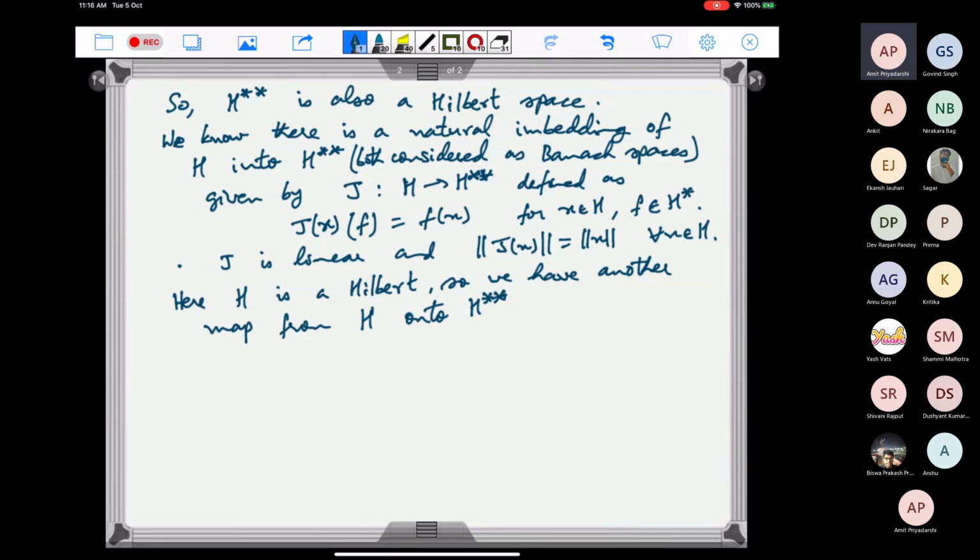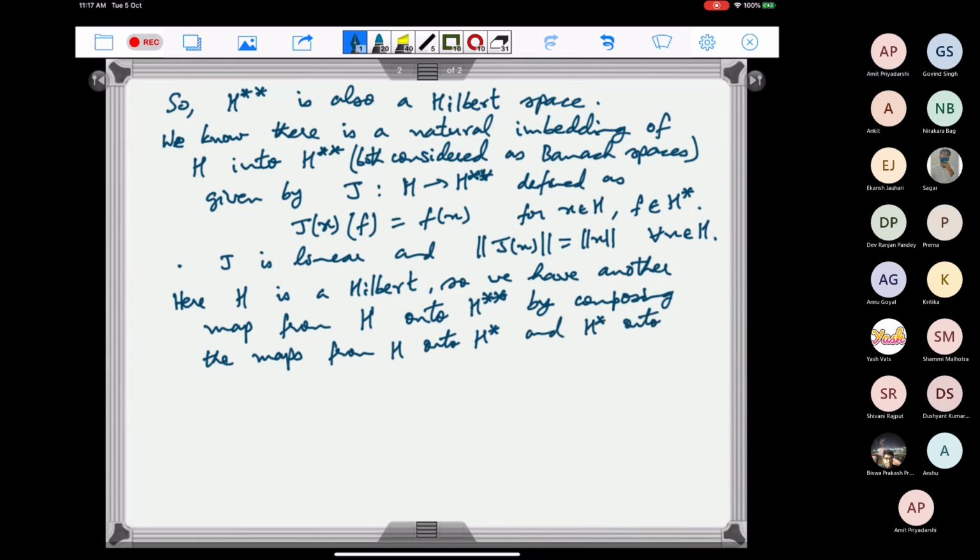So by composing the maps, H onto H star and H star onto H double star.